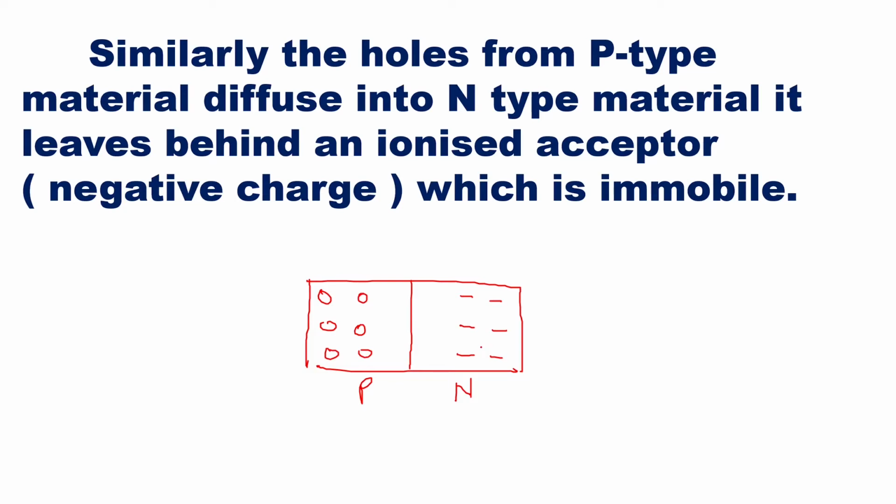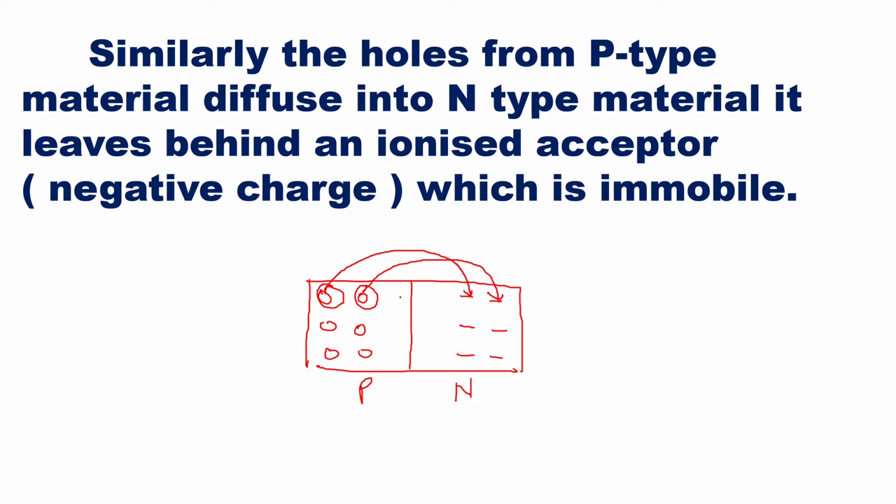Now a similar process is happening here also. This positive charge, the holes, will move to the N-type semiconductor. They will be attracted by the negative electrons in the N-type semiconductor, and when these holes move, this place becomes vacant, and those will become an opposite polarity immobile charge.